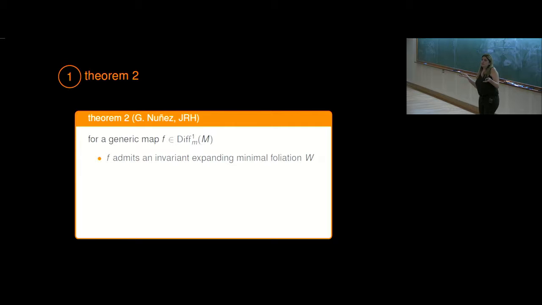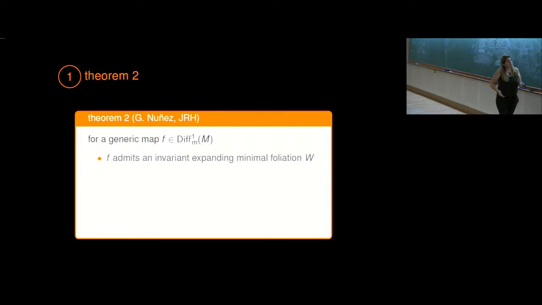Up to here, there are not many mechanisms to produce stable ergodicity. Partial hyperbolicity is one of them, but there are not many. And this is one which does not require partial hyperbolicity. We are proposing this as a new mechanism to produce stable ergodicity and, what's more, stable Bernoulliness.